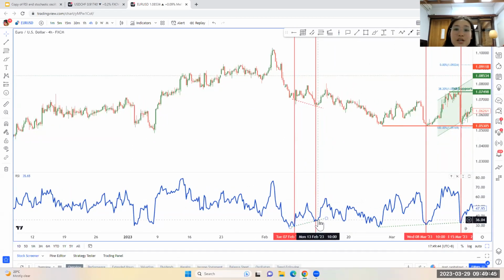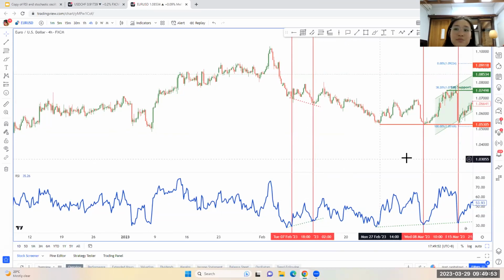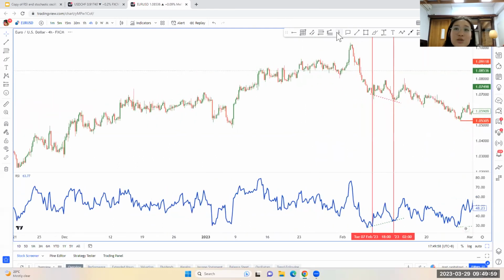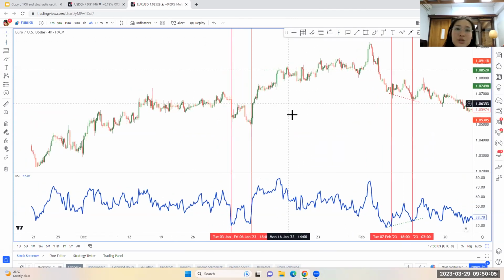So you can see price did indeed go up immediately after this point, immediately after the divergence. Over here as well. So they're pretty easy to look for once you get the hang of it, and they're quite common as well.